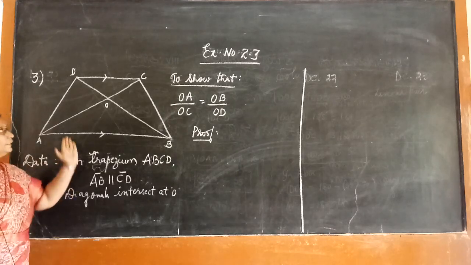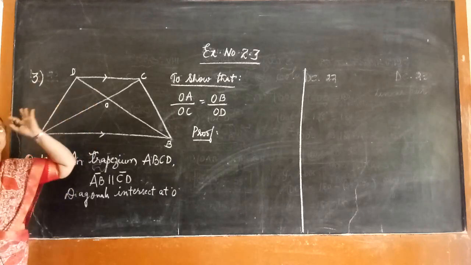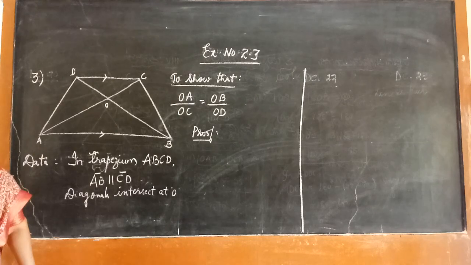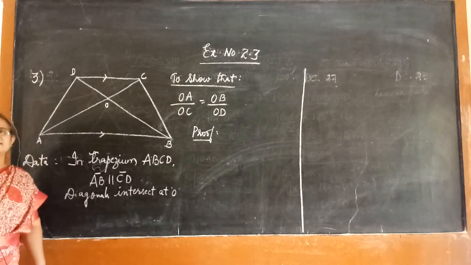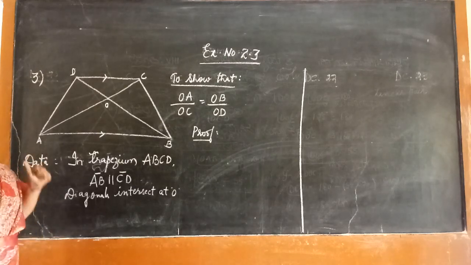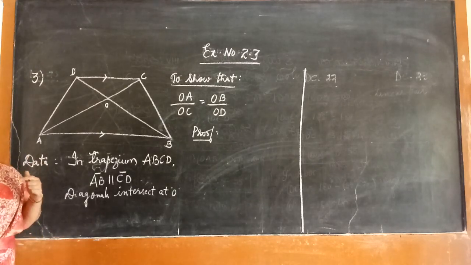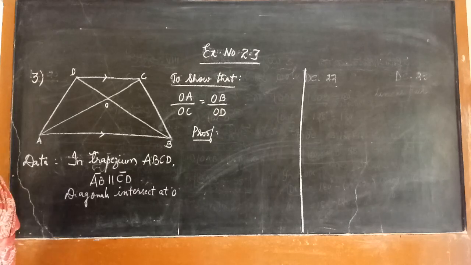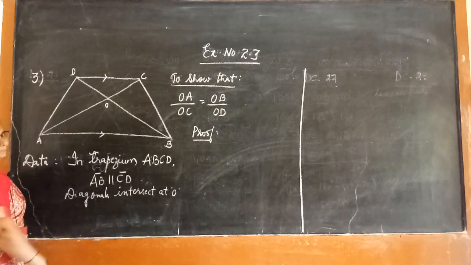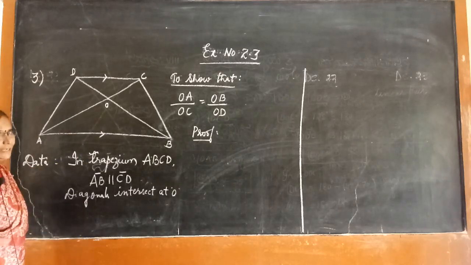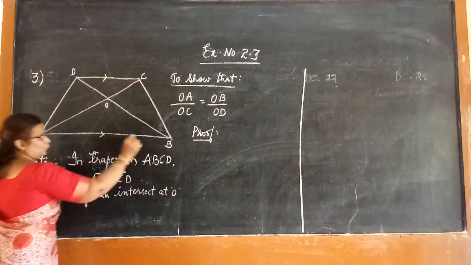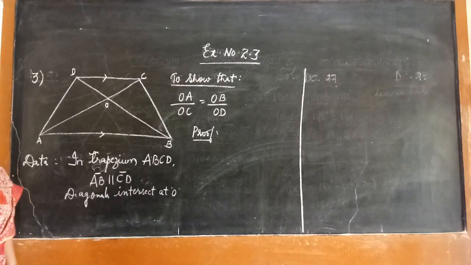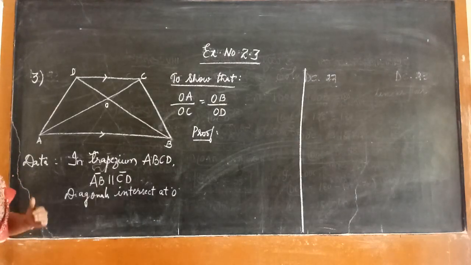It's quite simple. AB is parallel to CD. Immediately you have to recall the properties of parallel lines. What does the property of parallel lines state? Corresponding angles are equal. Alternate angles are equal. Looking at this figure, we cannot identify corresponding angles, but easily you can identify Z. Whenever a Z symbol is found in the figure, immediately you have to recall alternate angles.